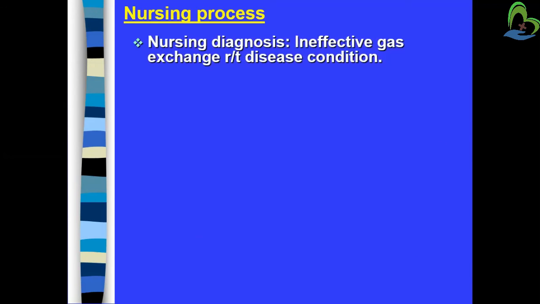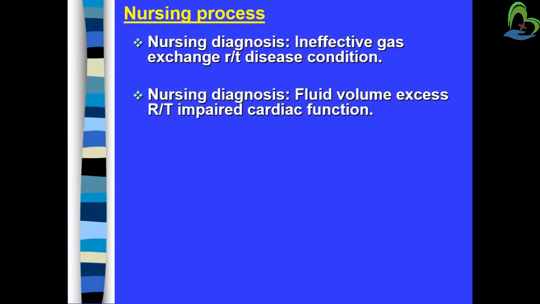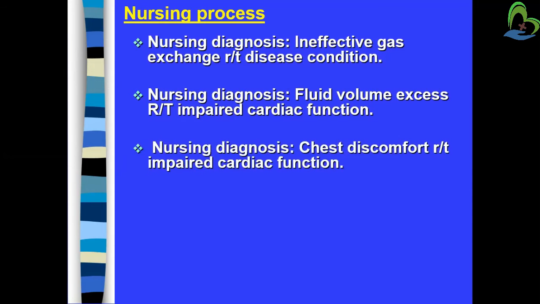In the nursing process, we have to make the nursing diagnosis and set the priority, in that, ineffective gas exchange. So oxygen supply, to manage the balance of demand and supply, is most important. Nursing diagnosis of fluid volume excess related to impaired cardiac function, because we know that venous backup is there and peripheral edema is there.